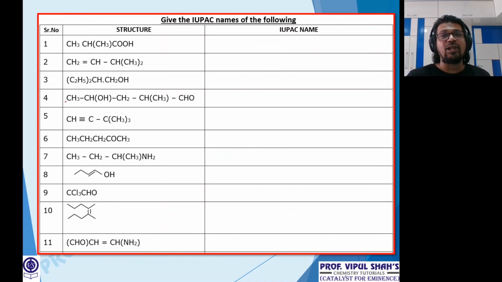IUPAC, alkanoyl chloride. OH attached to the benzene ring, that's phenol. Then we spoke about NO2 attached to the alkyl group, IUPAC, nitroalkanes. Then next we spoke about SO3H, that we have as alkane sulfonic acid if it's attached to the aliphatic chain, or attached to the benzene ring, that we call benzene sulfonic acid.